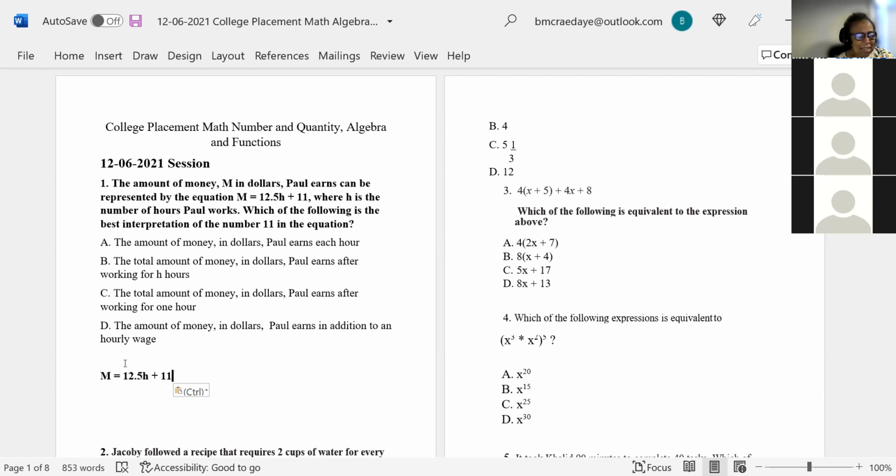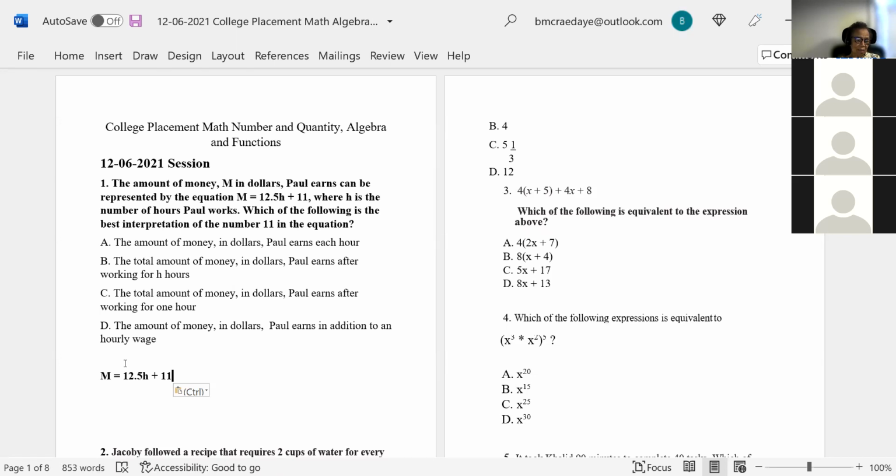So what do you think that 11 represents, in your own words? The 12.5 actually is the amount he makes per hour. The H is the number of hours that Paul works. What do you think the 11 represents?